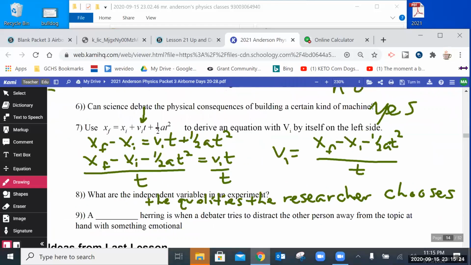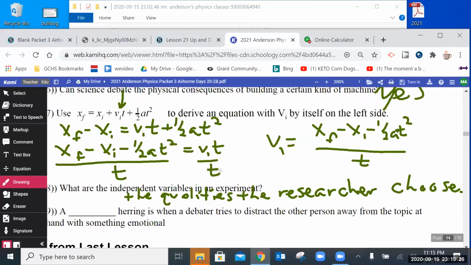So for instance, let's say that the researcher is trying to figure out how water affects the growth of a plant. And so the researcher decides to keep data on how much water the person puts into the soil, how often and how much, and then measures the height of the plant.